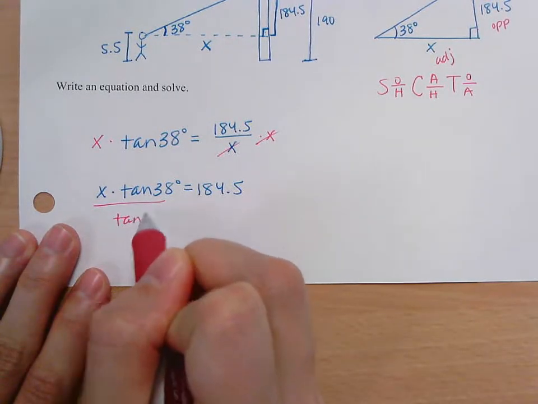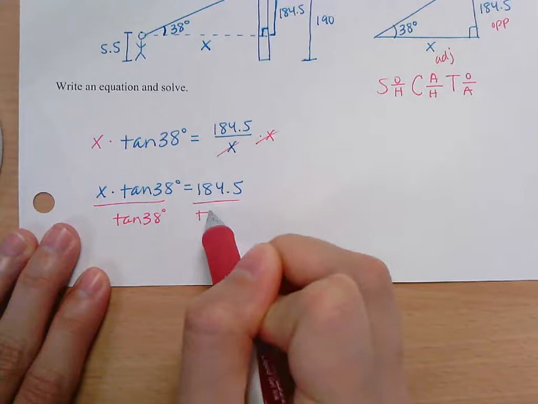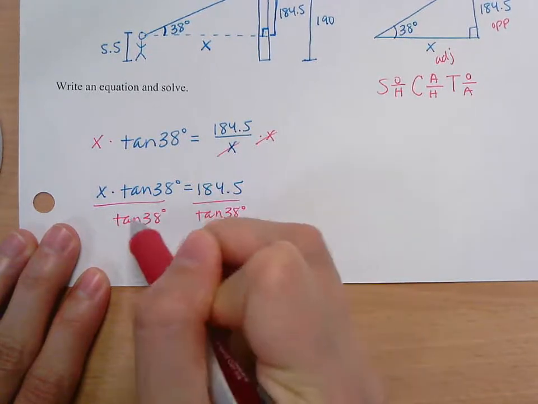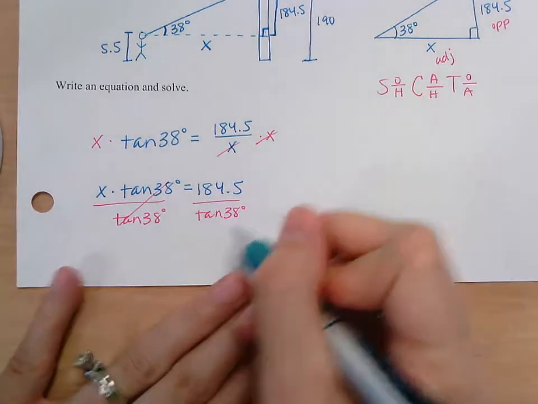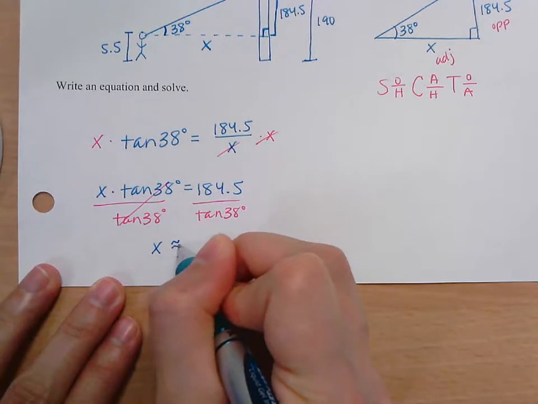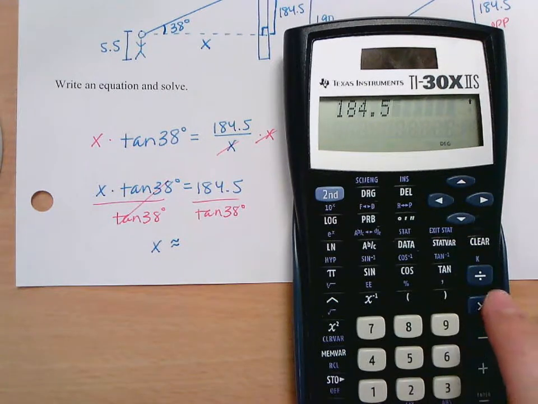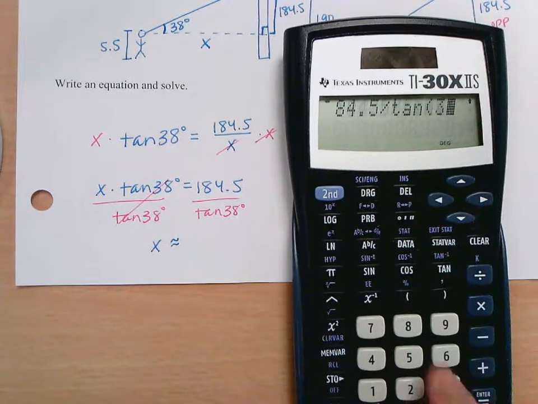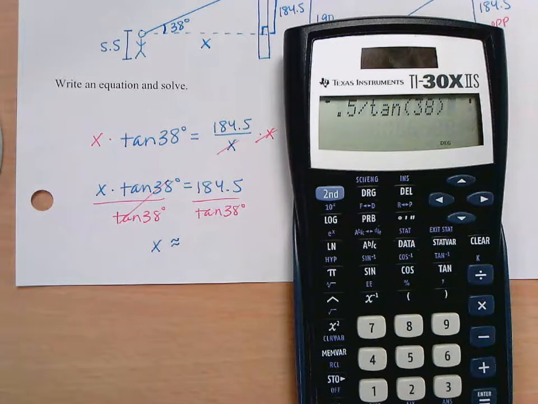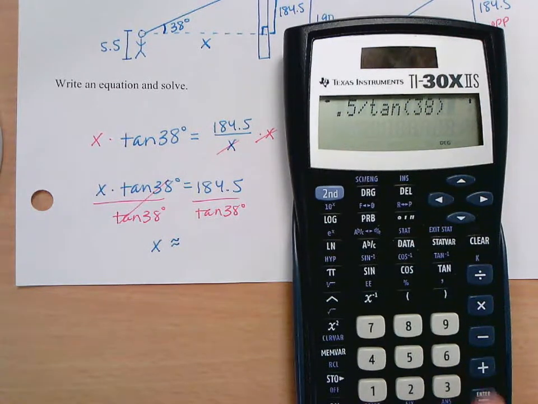Yep, divide by tangent of 38. And I get x is approximately, because I'm sure I'll have to round, 184.5 divided by tangent of 38. Make sure, again, whatever calculator you have, that you can type this in and get the correct answer. It did say round to the nearest foot, so the nearest whole number. So it would be about 236 feet.